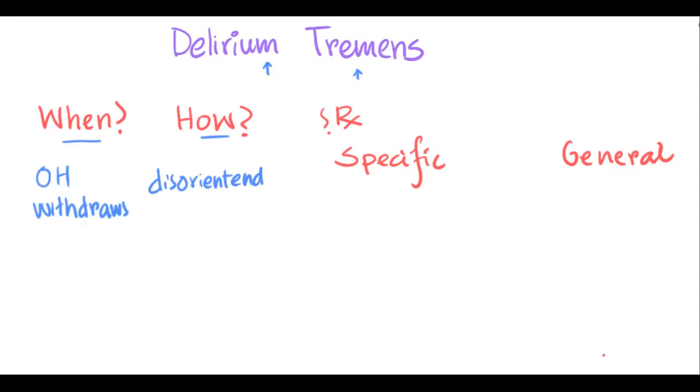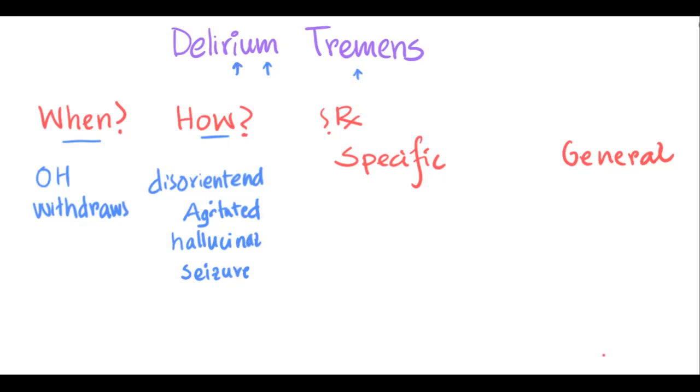And sometimes the patient will be agitated and aggressive, very severe agitation. So disoriented, agitated. And as is delirious, the patient may have hallucination. Even the patient can have seizure. So those are the words related to delirium.